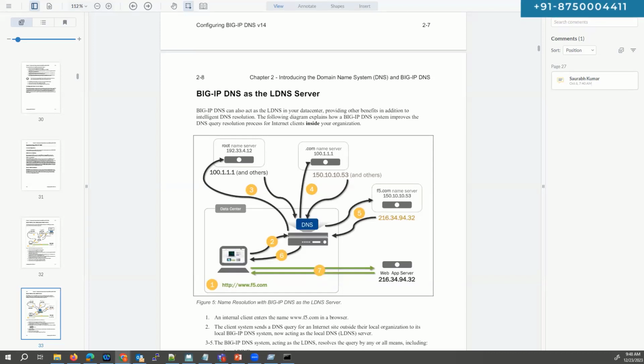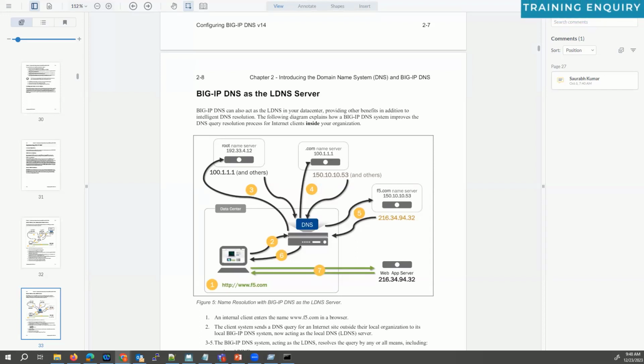Let's say you have a banking website, and for net banking everyone is accessing it. All the account holders in that bank will have access to net banking, so you would have millions of users and you're expecting millions of DNS requests. Obviously you would not be using Infoblox in that case, but rather you would like to use F5 BIG-IP DNS to resolve the requests coming through the internet. That's where F5 BIG-IP DNS would be working as an authoritative server.